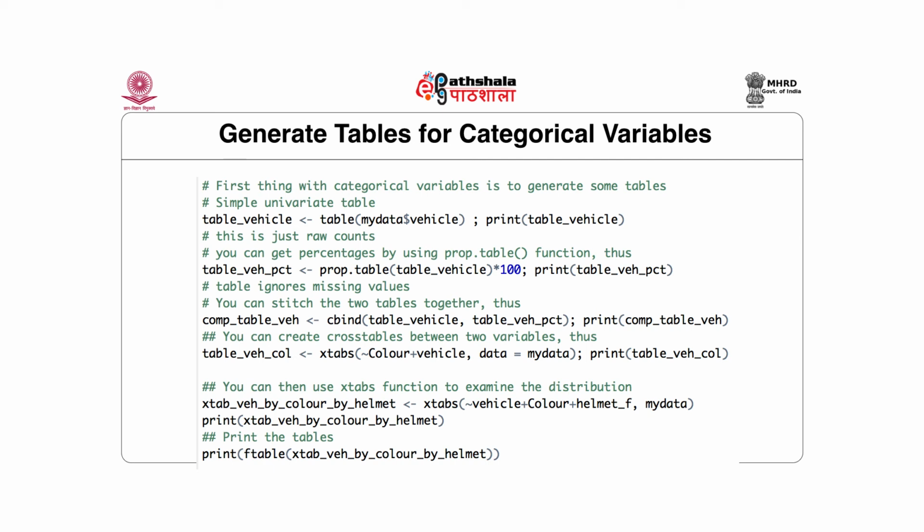But there is something very interesting about this. If you do this, then you can print the table, and you can get pretty much the raw numbers. But what becomes very interesting here is that you can actually extend the number of variables by passing them as arguments and by adding them using a plus sign, all categorical variables, into the xtabs function, and then specify the data object or the data frame where they will be found.